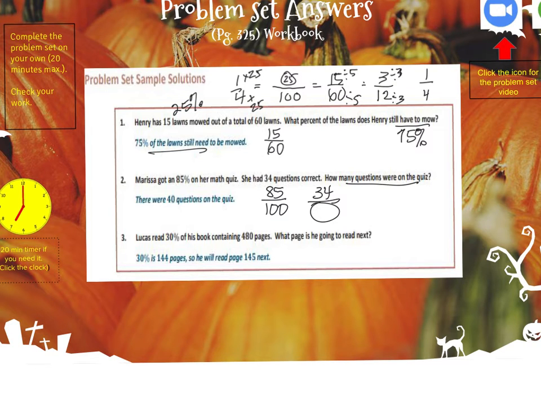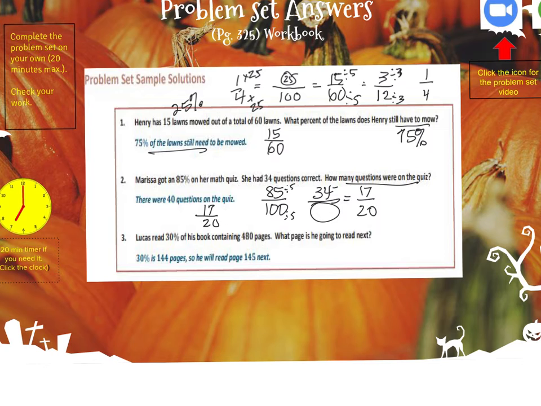Well, I'm going to go back to my 85 over 100, and I'm going to divide by 5 first and see what I get. 85 divided by 5 gives me 17, and then 100 divided by 5 is 20. So I have 17 over 20.